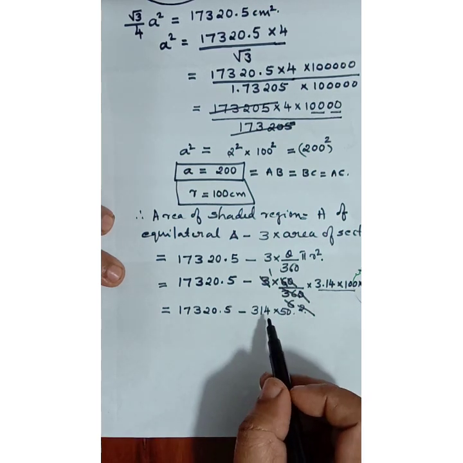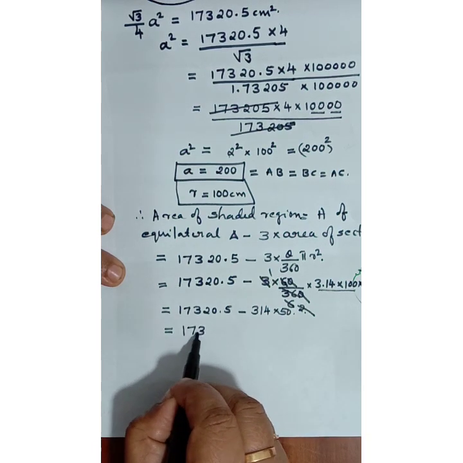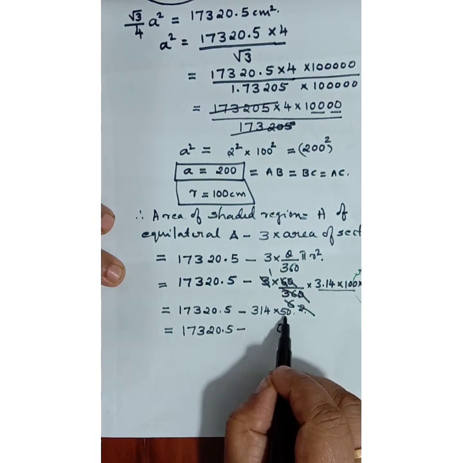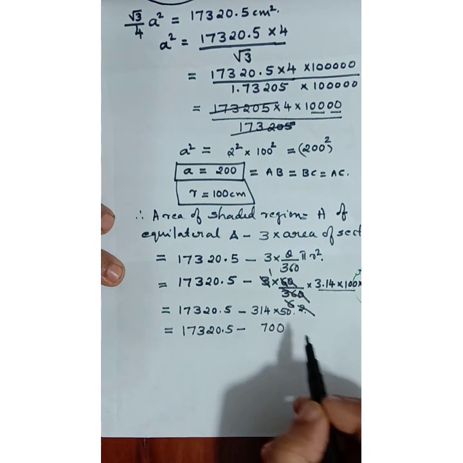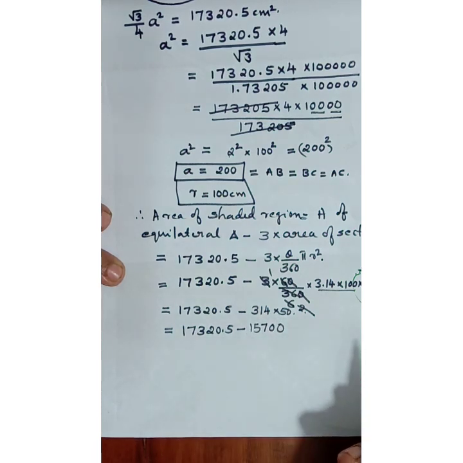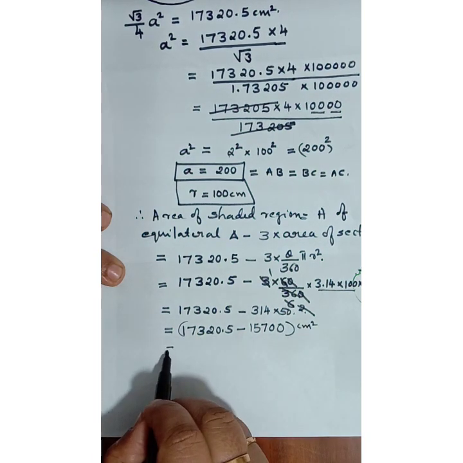Okay, 314 into 50 we can multiply. 0, 5 4s are 20, 1 into 5 plus 2 is 7, 15,700 it is. So many cm square. Now do the subtraction, get the answer.